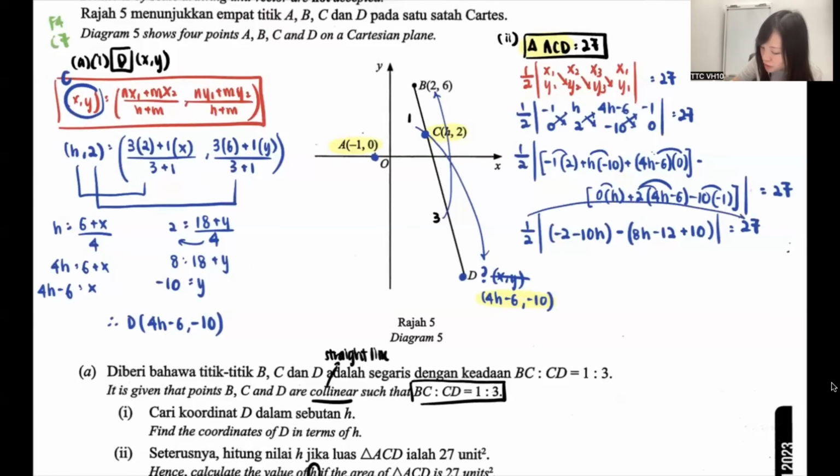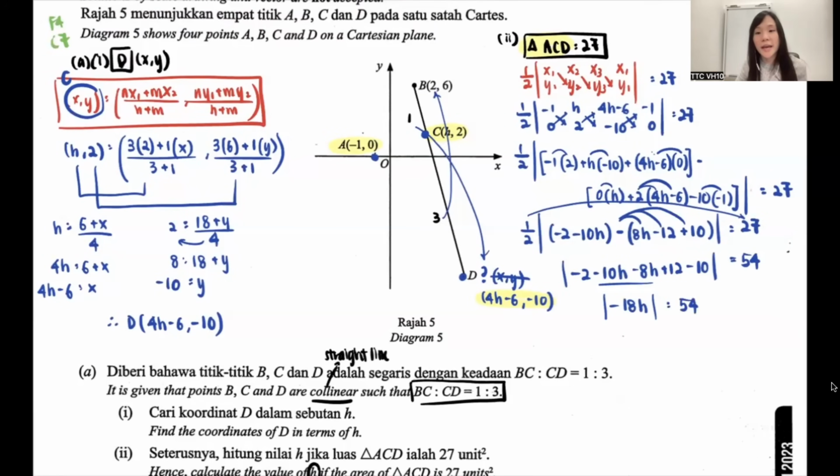So the 1 over 2, you guys can move it over to that side, 54. So negative 2 minus 10H. So negative 10H minus 8H, negative 18H. Negative 2 plus 12 minus 10, isn't it 0? Equals 54. Okay? Up to here.